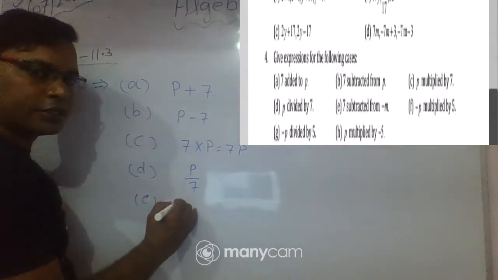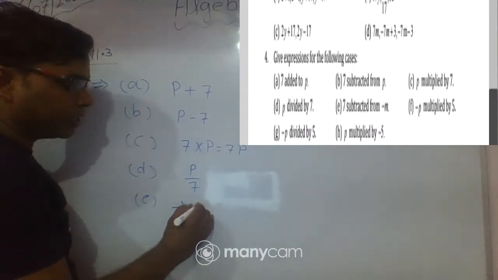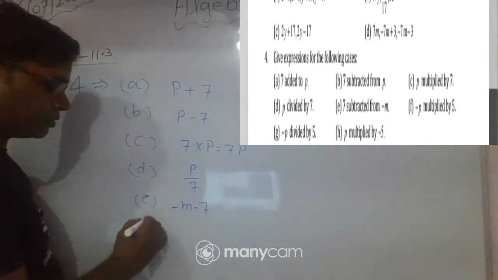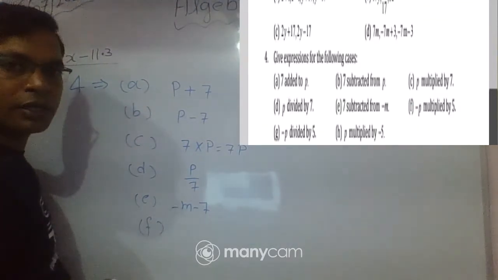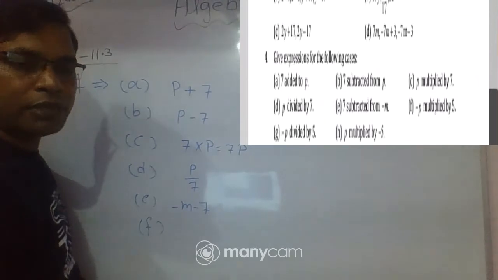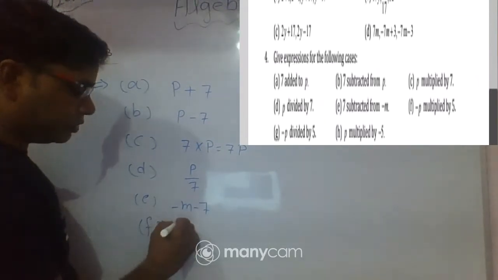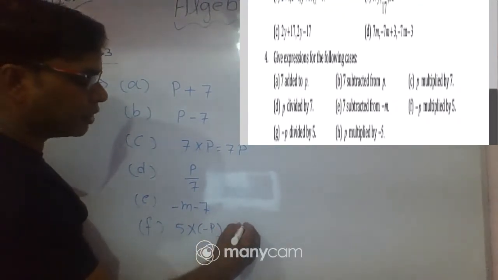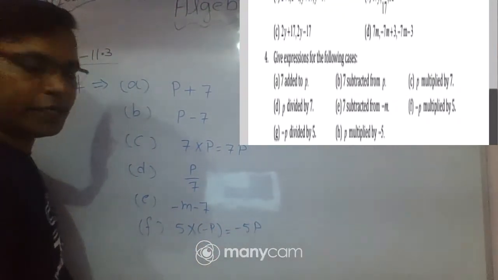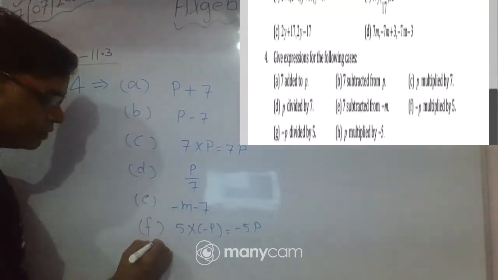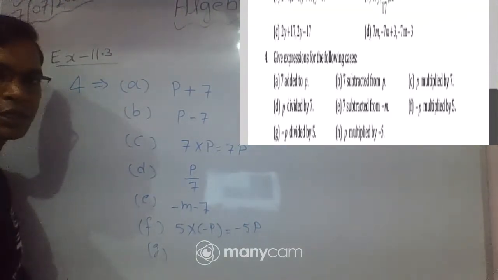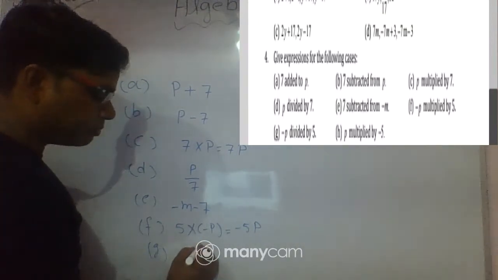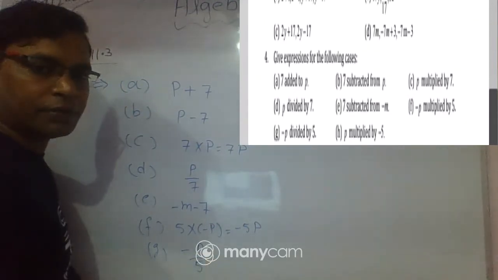So minus m minus 7. Clear? F part is minus p multiplied by 5. This is equal to minus 5 into p. Clear? And G part is minus p divided by 5. It becomes minus p divided by 5.